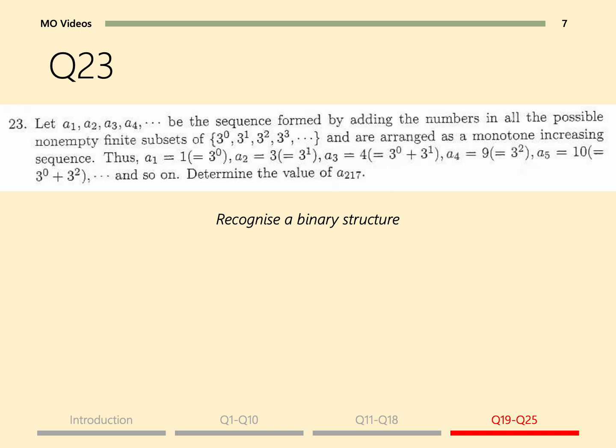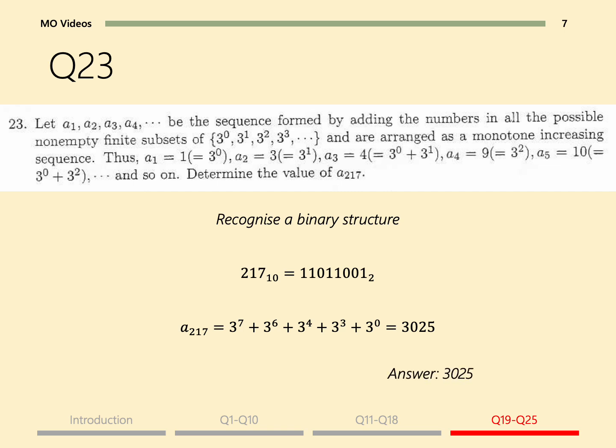That means that the index of your term written in base 2 would give precisely the powers of 3 that you should be summing up. And in this case, what you have to do is to sum up the 7th, 6th, 4th, 3rd, and 0th powers of 3, and that gives us 3025.